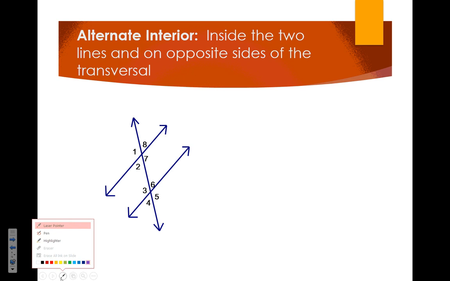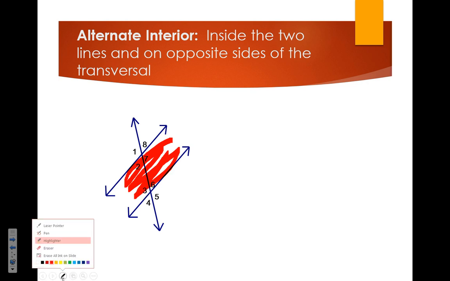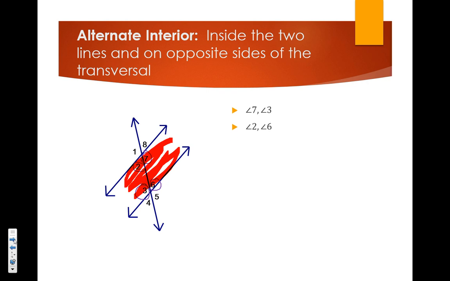Alternate interior is a very similar concept. It's everything that's inside and on opposite sides. So if we're going to go inside and on opposite sides, 7 and 3 are alternate interior, and 2 and 6 are also alternate interior angles.